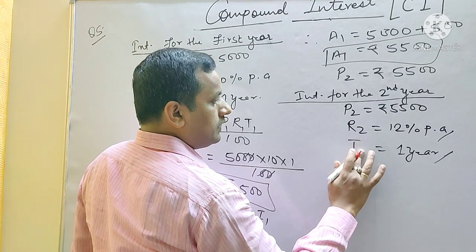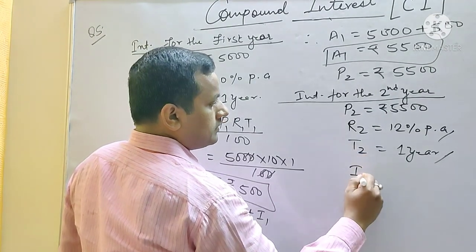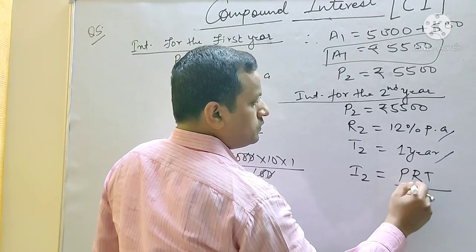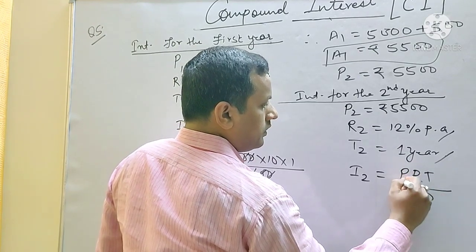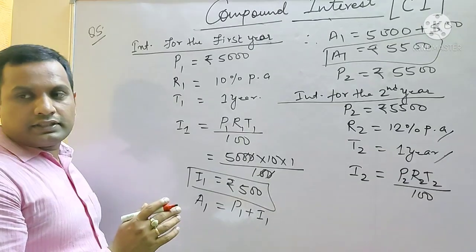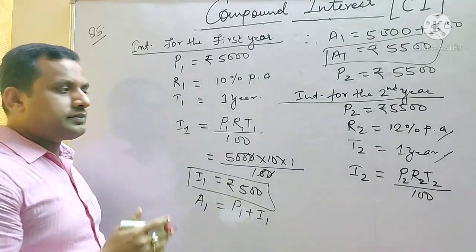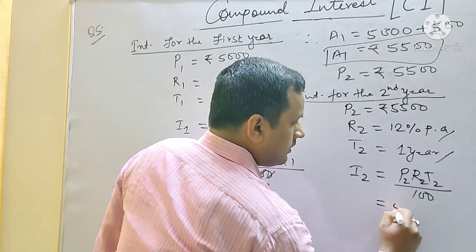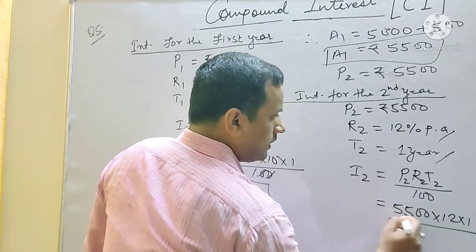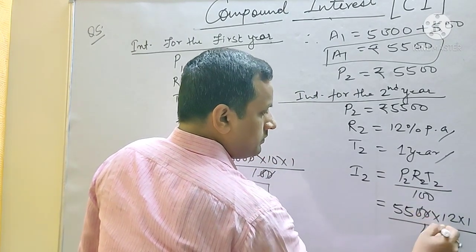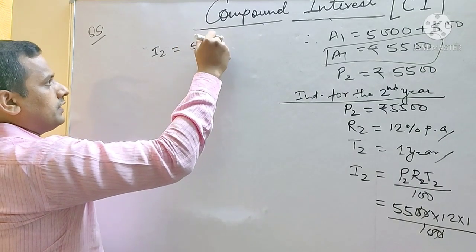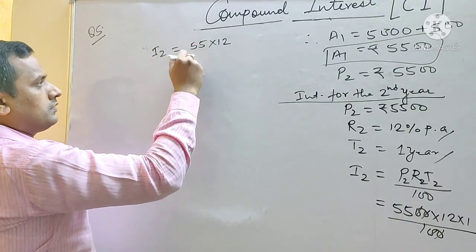So we will calculate the interest of the second year as P2 R2 T2 upon 100, principal of the second year, rate of the second year and time of the second year, into 12 upon 100, which is 55 into 12.